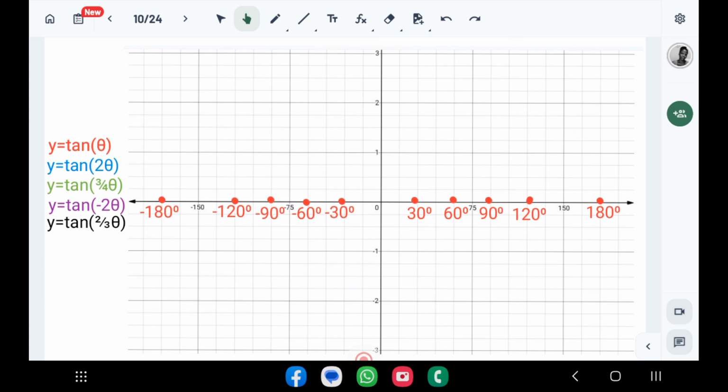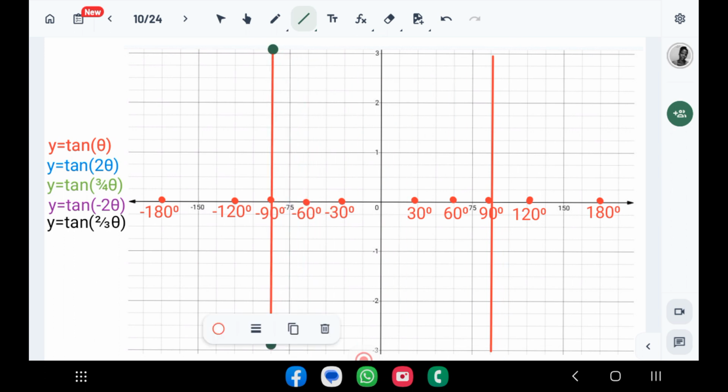Step number one, let's look at the asymptotes. The asymptotes are at 90 degrees and negative 90 degrees, so we're going to start with that. Here's the first asymptote at 90 degrees. Let's duplicate that on the left-hand side, negative 90 degrees. Done. We're done with our center branch.